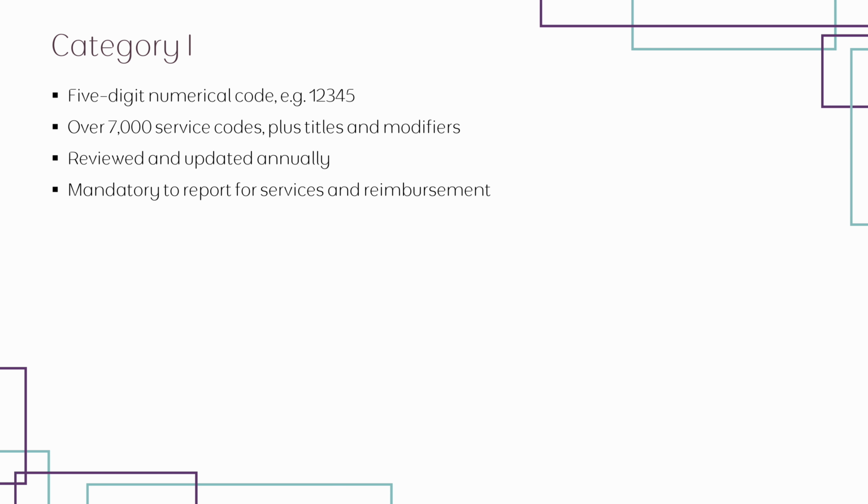This will help ensure that the code set stays current with the evolving medical practices, new technologies, and changes in healthcare delivery. Now, important to note here, it is mandatory to use a Category 1 CPT code for both reporting and reimbursement purposes. These codes will serve as the universal language between your healthcare providers, insurance companies, and government payers, making accurate code selection critical for your proper reimbursement and compliance.